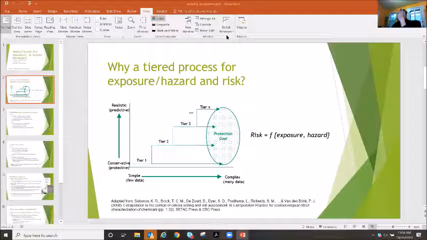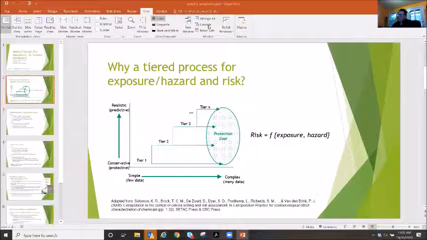You go from earlier tiers, which are simple, could be a simple calculation or so on, to complex, which could require a lot of data and a lot of potential work to collect that data or to process that data or to interpret that data.